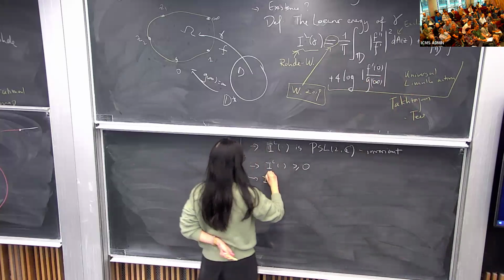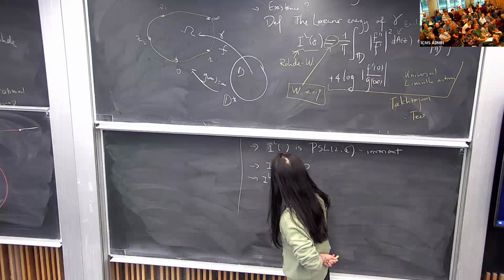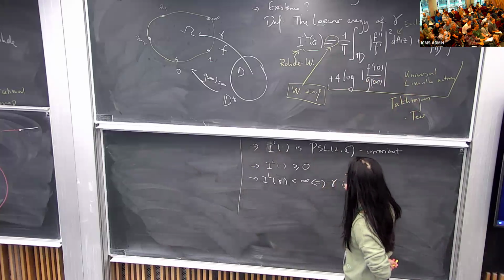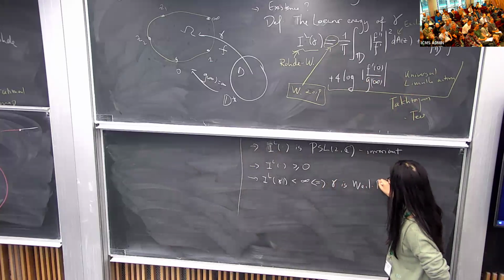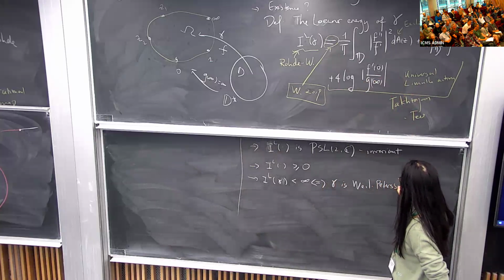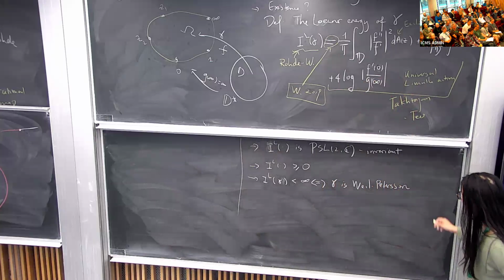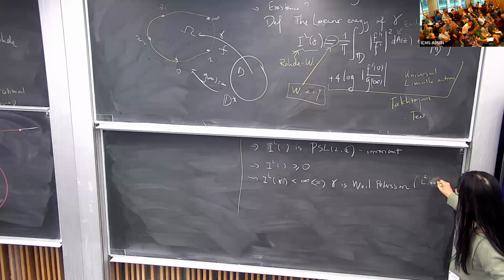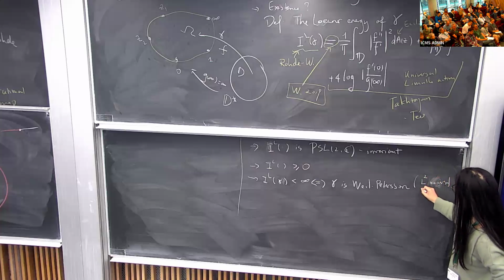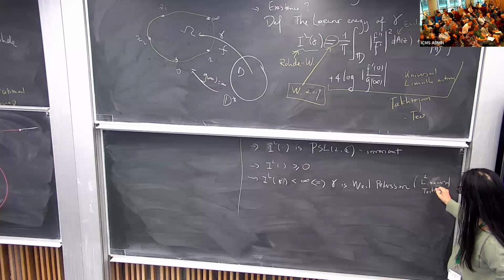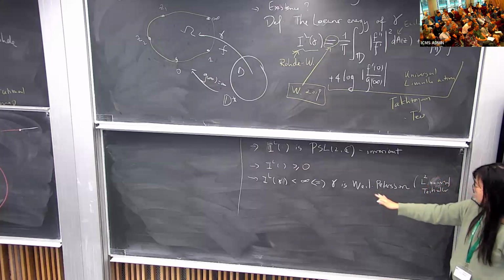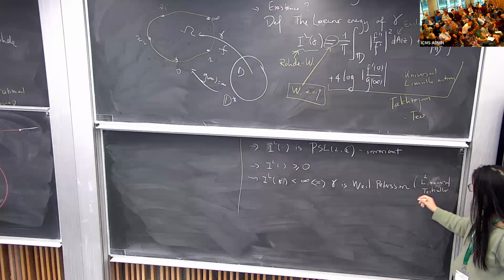The Loewner energy is finite if and only if gamma is a Weil-Petersson curve, which is also this L2 universal Teichmüller space we heard about. And Shen has a paper about this, with basically equivalent descriptions.